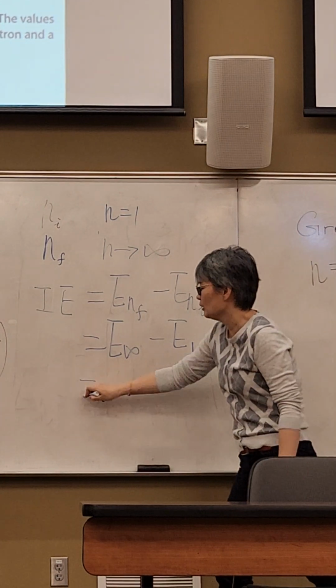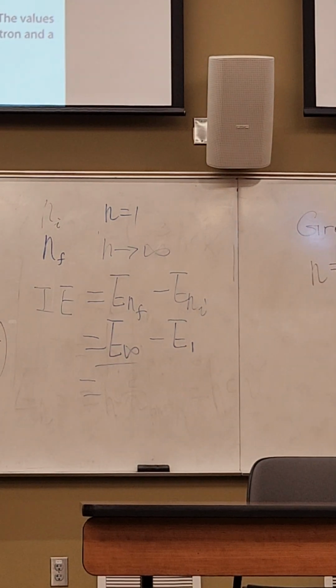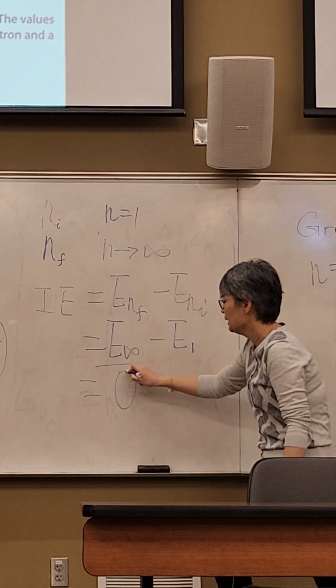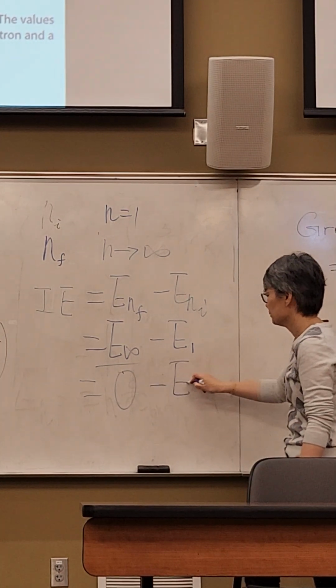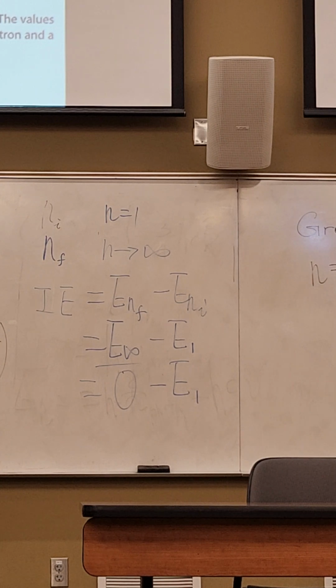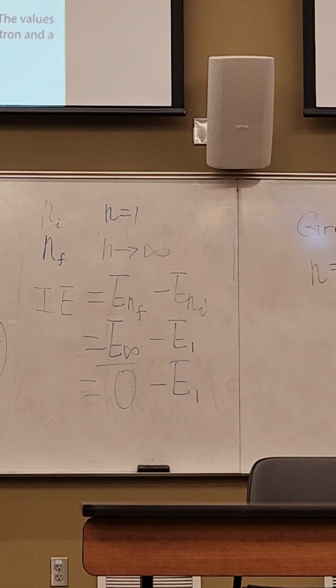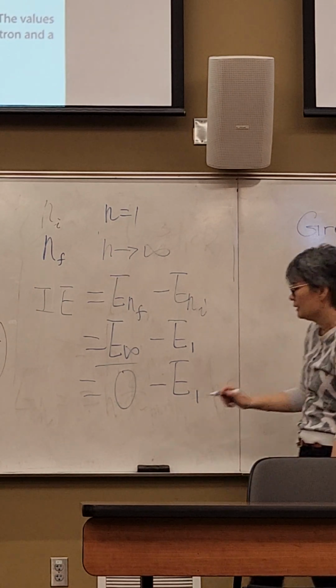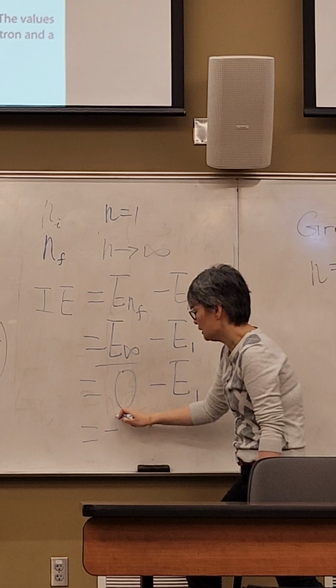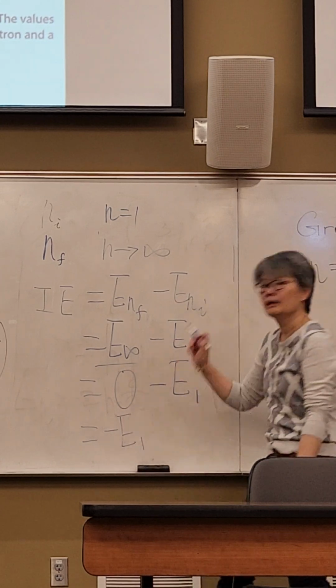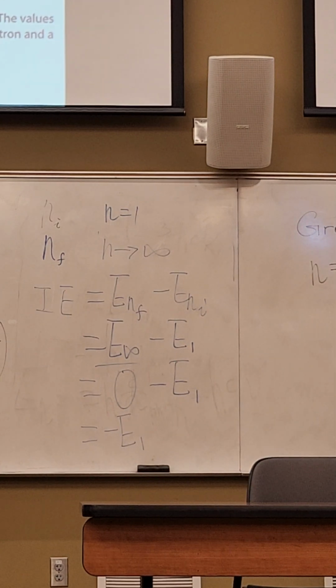What would be the value when n equals infinity, guys? 0. Very good. And your ground state is just E sub 1. So therefore, your ionization energy just equals what?